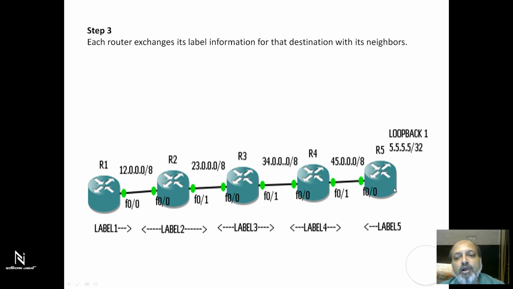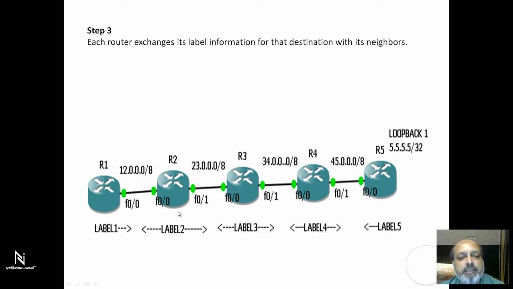In this way, all routers exchange their label information with their adjacent routers. And this happens in several passes. Why in several passes? Because if you consider router 3, it has a local label 3.